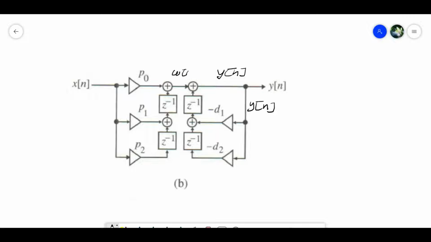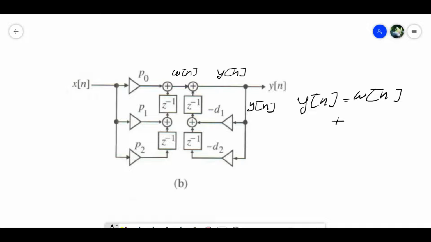Let's give this particular signal the name Wn. So for yn, we can write yn equals, at this summing junction, Wn plus all the signals that go into this junction.